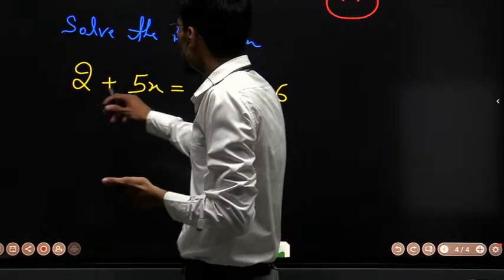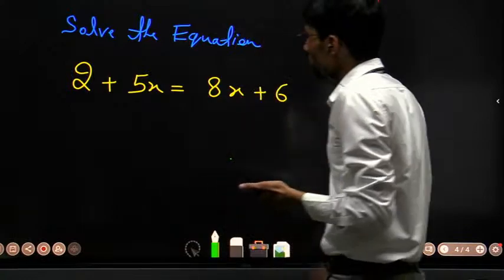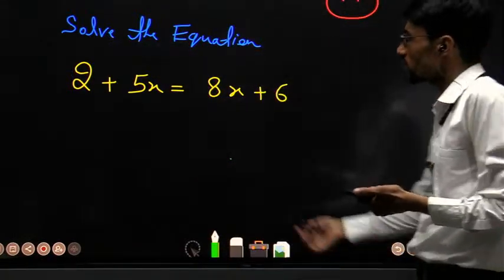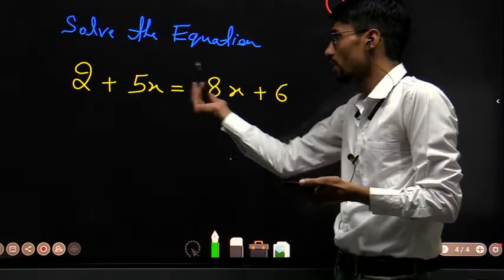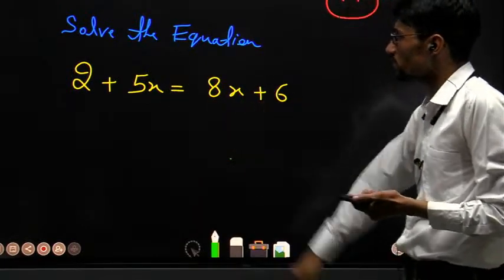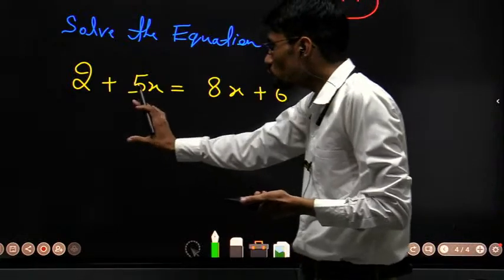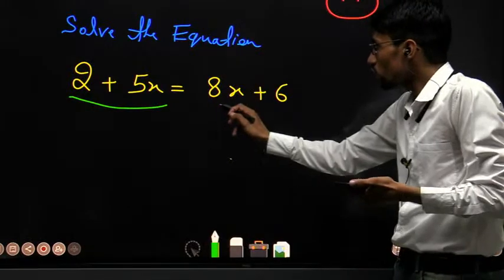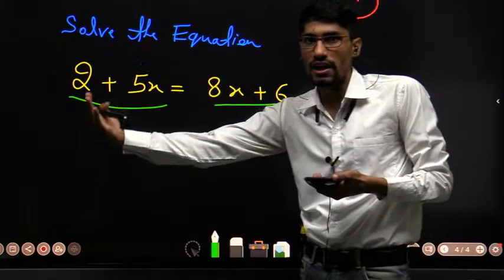What is there? 2 plus 5x equals 8x plus 6. What do we have to do? In that also we have to solve the equation. Solve the equation means we have to find the value of the variable. Here the variable is x. So observe these two sides, left hand side and right hand side.